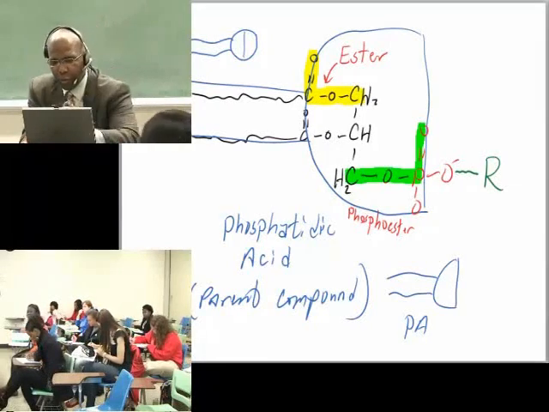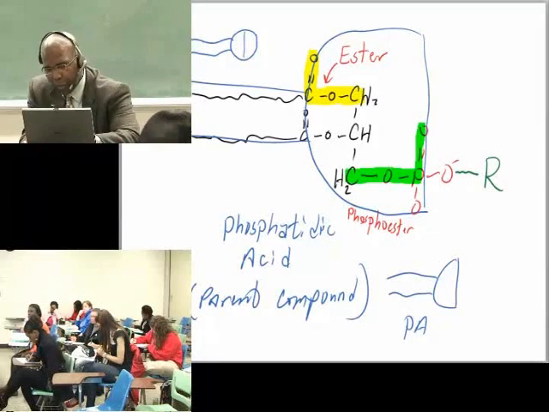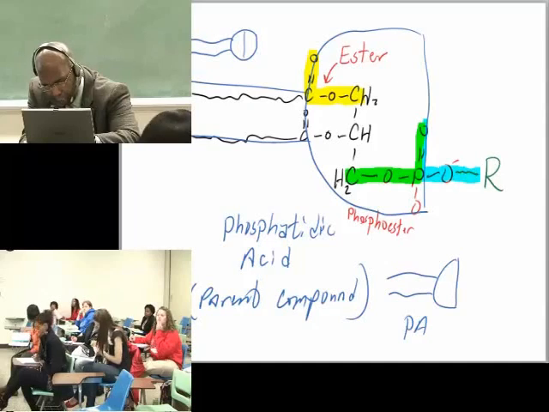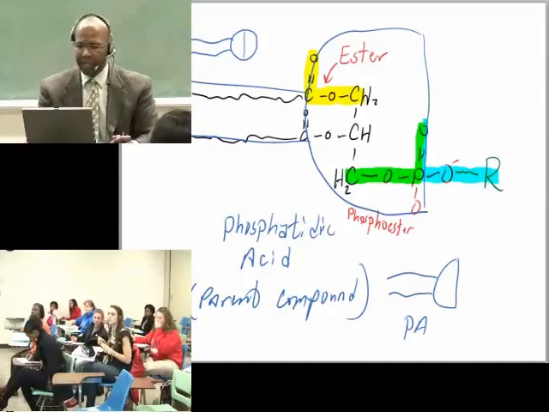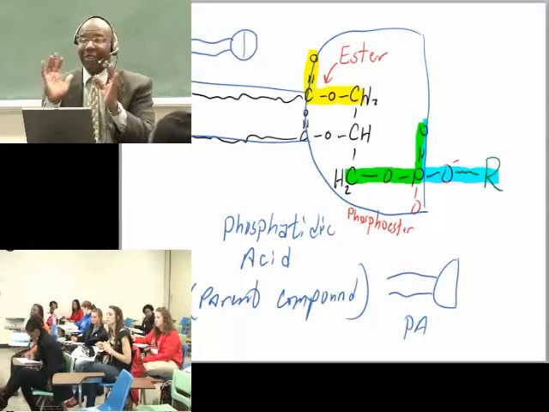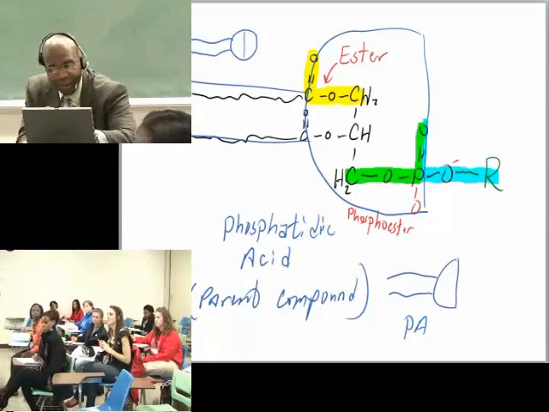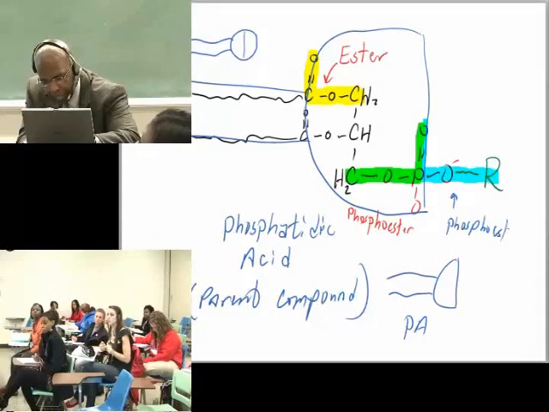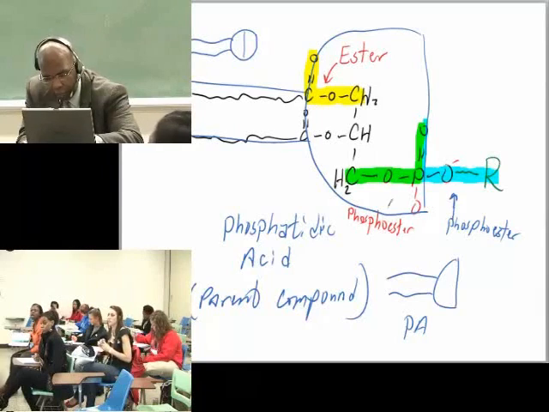Now, I'm going to throw a loop to you here. What type of bond is this one here? P double bond O, O, and the R is going to be some sort of C there. What type of bond is that going to be? Okay, you skipped ahead, but that's good. This one here is still a phosphoester. There's a phosphoester here, and there's a phosphoester here.